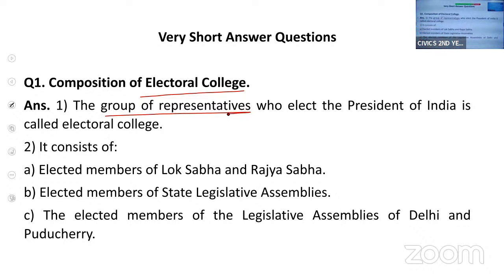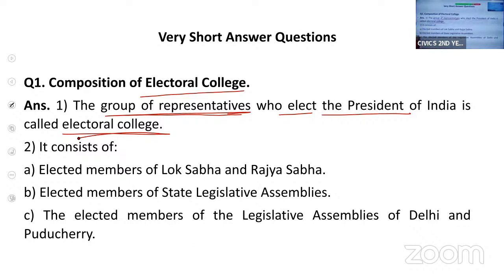It is a group of representatives who elect the president. So the President of India is elected by a group of representatives called the Electoral College. Did you understand what is an Electoral College? It is the group of representatives who elect the President of India.